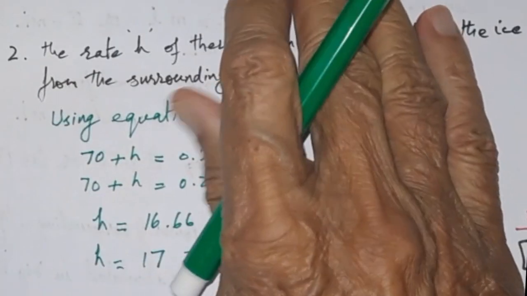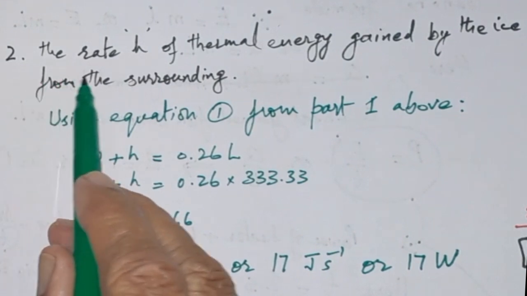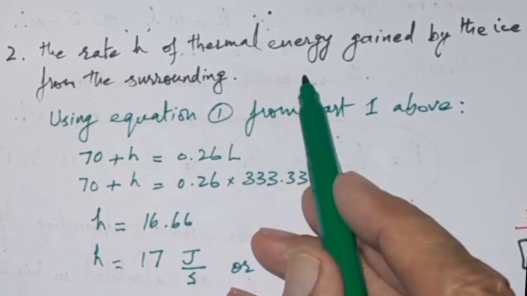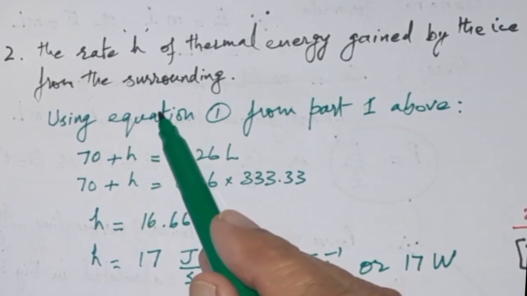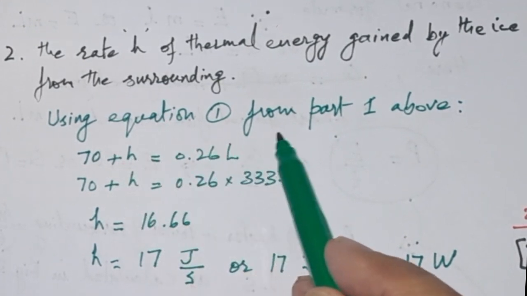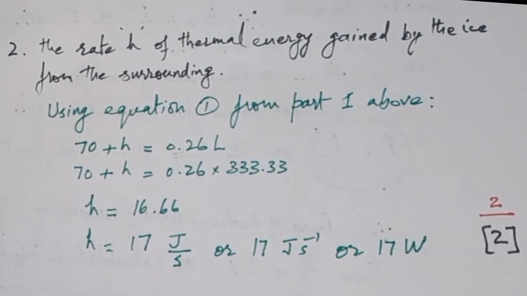This too. And it is asked the rate h of thermal energy gained by the ice from the surrounding, using equation 1 from part 1 above.